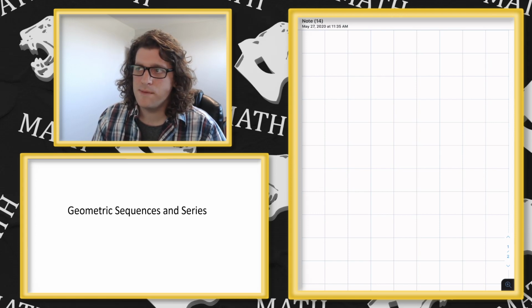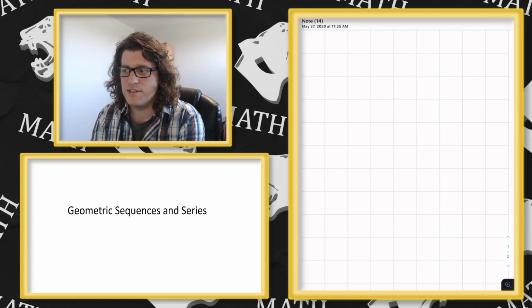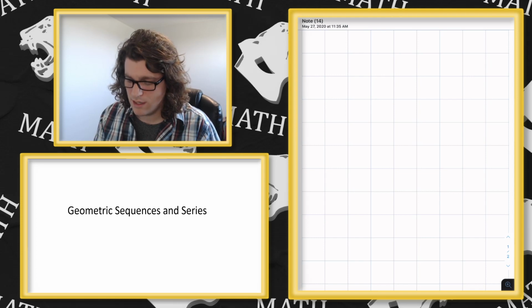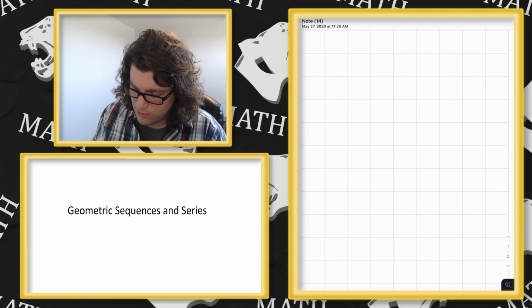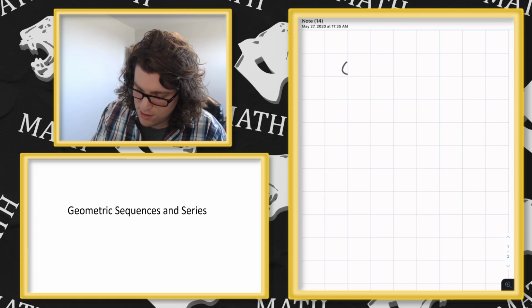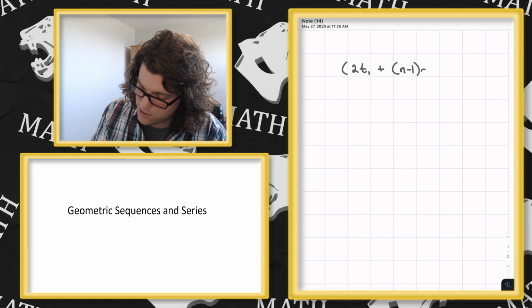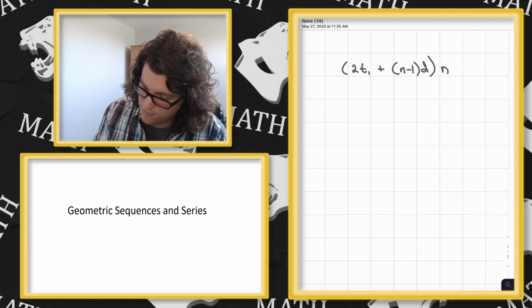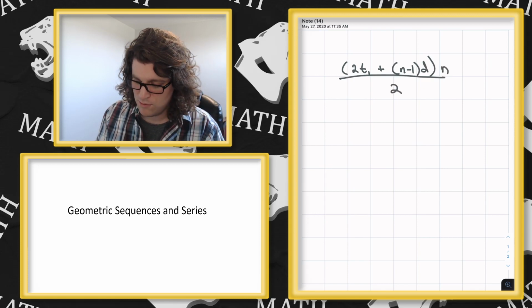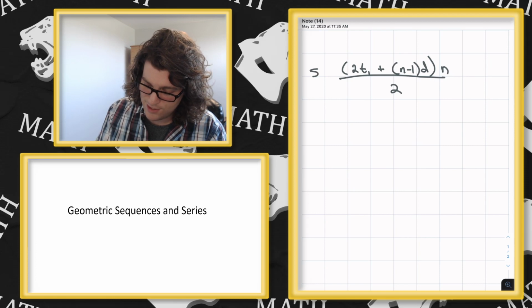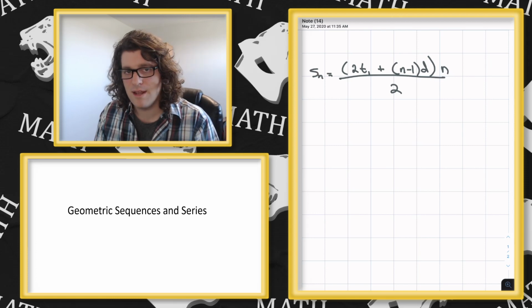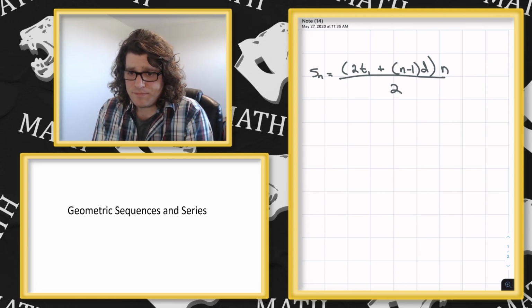I realized in one of the discussions, and I'll just start off real quickly talking about this, we had mentioned that 2t1 plus n minus 1 times the common difference, times the number of terms, divided by 2, was the general sum of an arithmetic series.